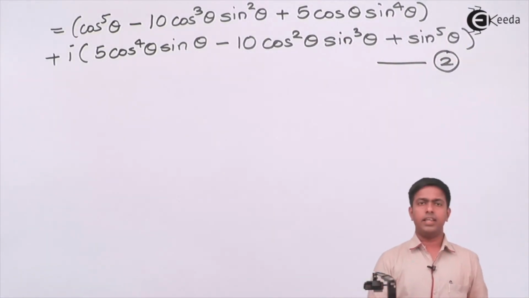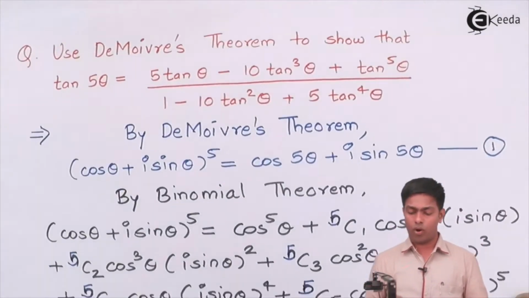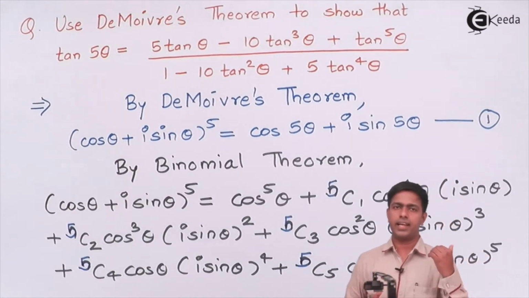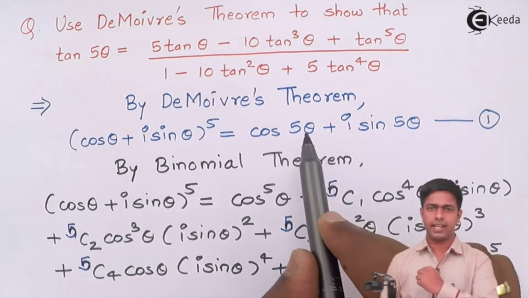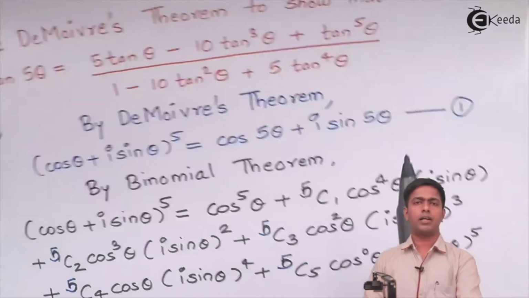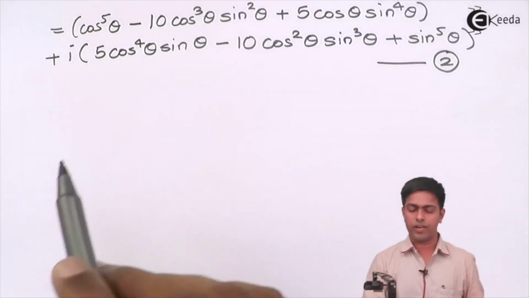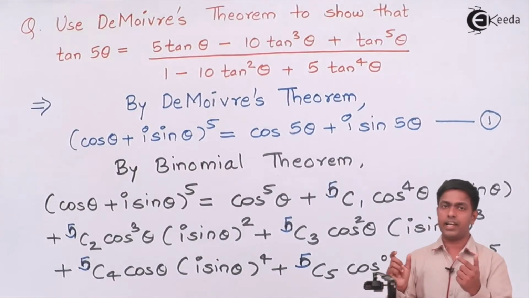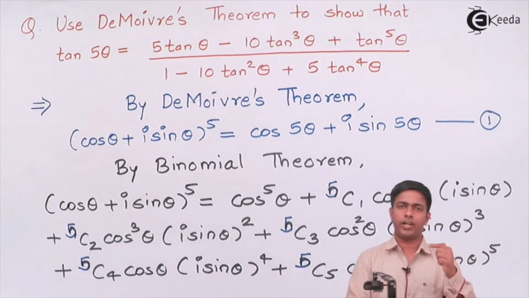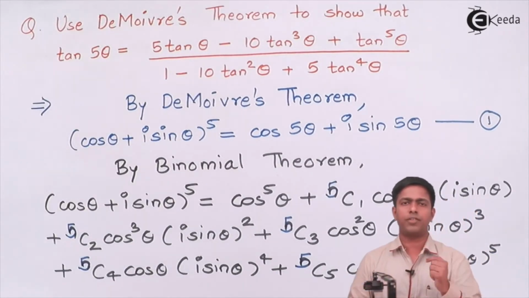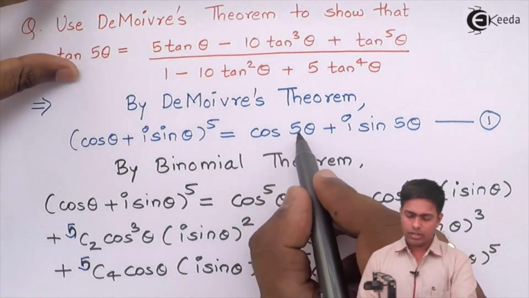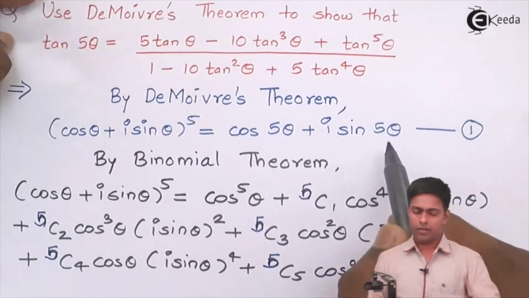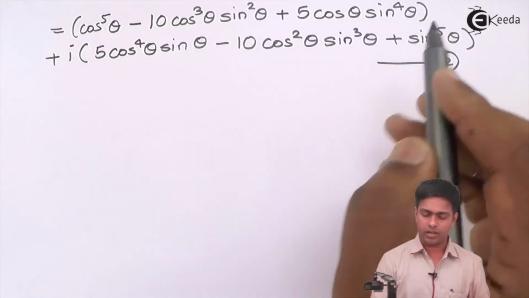Now let's see the left hand side of equation number 1 and 2. It is exactly the same, so we can say that the right hand side is also the same. But on the right hand side, we have real and imaginary parts in equation number 1, and similarly in equation number 2. So if we equate the right hand side of both equations, we can equate real part with real part and imaginary part with imaginary part. So this real part is cos 5 theta, and we can equate the sin 5 theta with this.